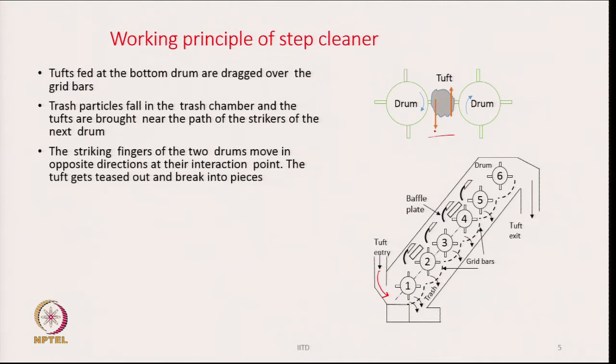So, though the drums rotate in the same direction, at the interacting point, the striking elements are moving against each other, and if one tuft is held by the striking element in one drum, the striking element of the other drum is going to act on it, and now the tuft is going to be sheared into two pieces or maybe multiple pieces.